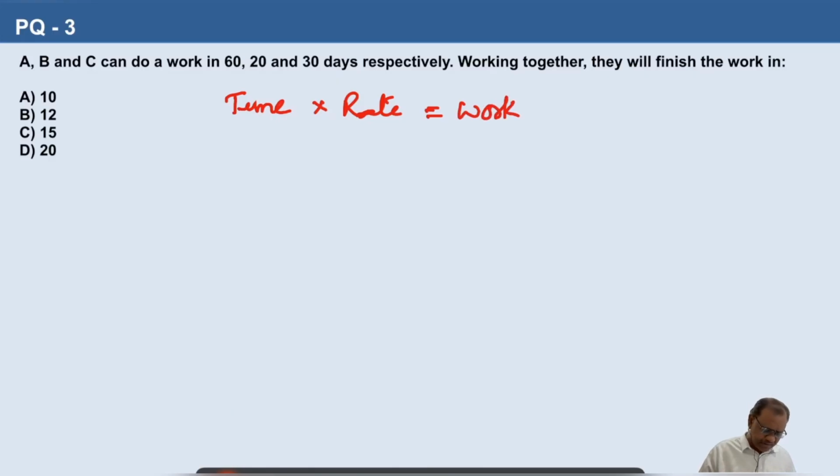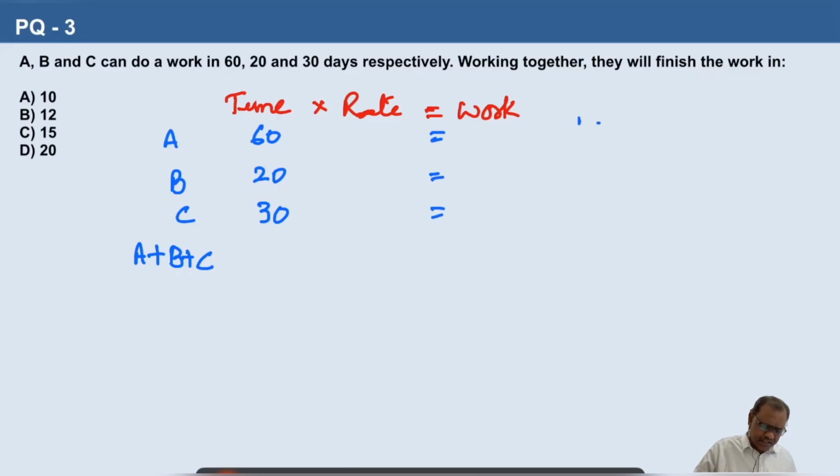But here we have 3 people, A, B, C, and A plus B plus C together also we have to find out. So days are 60, 20, 30. So LCM is the total work.